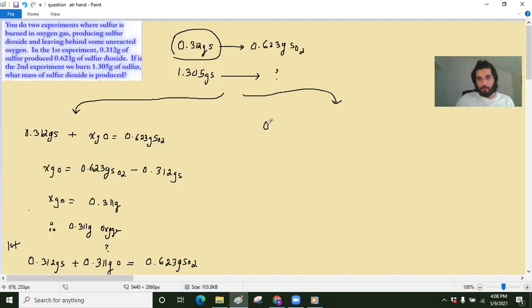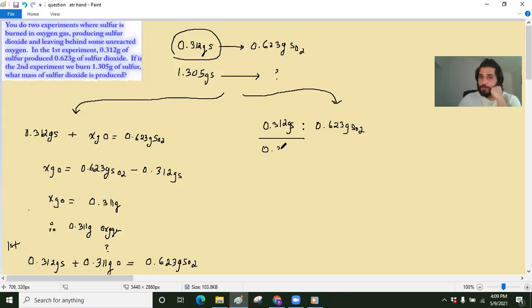So I could say that for every 0.312 grams of sulfur, I'll have 0.623 grams of sulfur dioxide. That works as well. And of course, you could have it in the ratio of 1 is to something: 1 gram of sulfur is how many grams of sulfur dioxide, and apply that proportion.